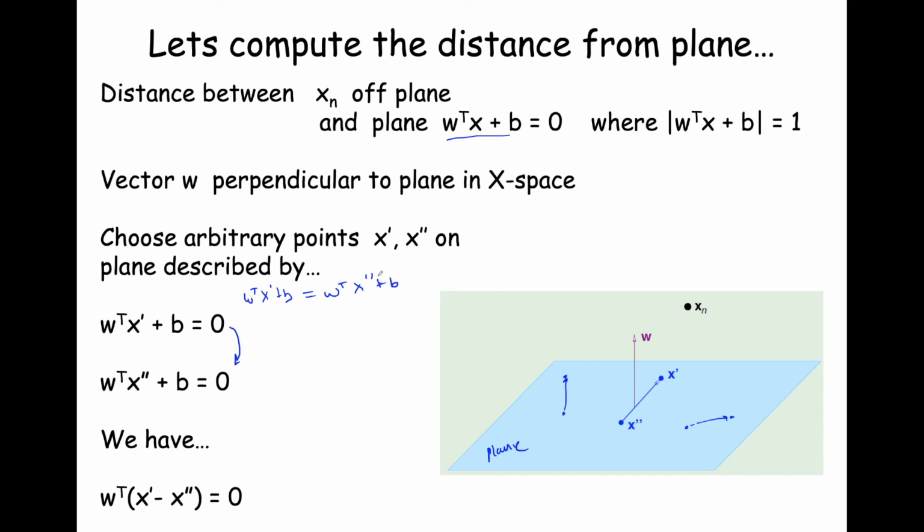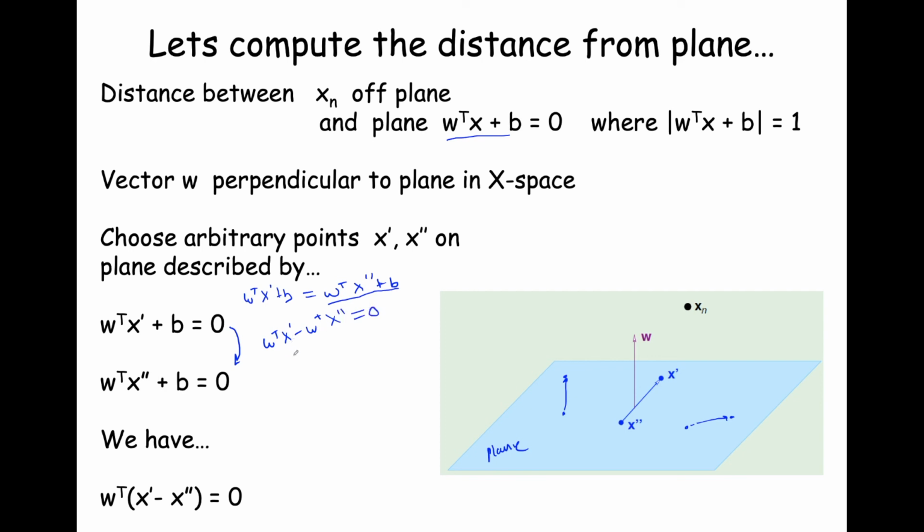Interesting. So now we're going to subtract this expression, W transpose x double prime plus B, from both sides of equality. And we get a minus B on this side. B minus B is 0. And we're left with W transpose x prime minus W transpose x double prime is equal to 0.